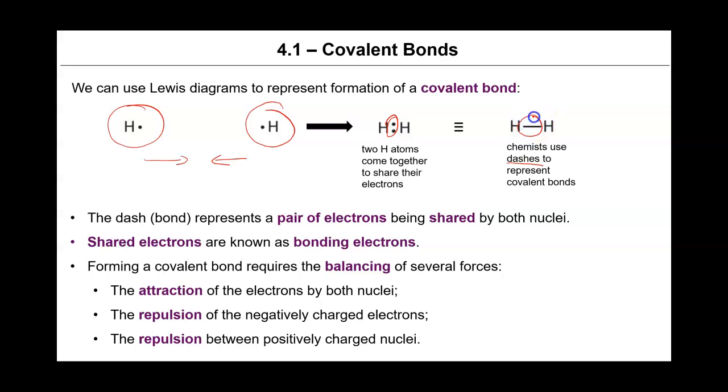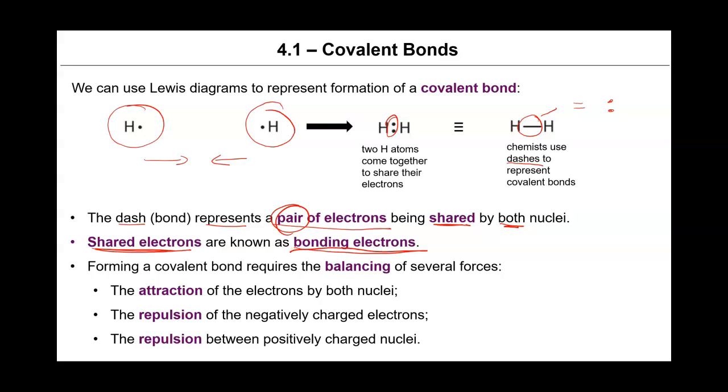So one line like this equals 2 shared electrons. The dash represents a pair of electrons being shared by both nuclei. And by doing this, both of the hydrogen atoms obtain a duet. These electrons that are being shared by the atoms are known as the bonding electrons because they help hold the atoms together. So why does this work?